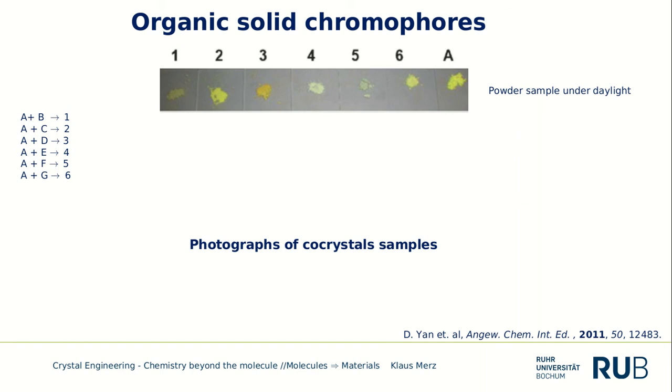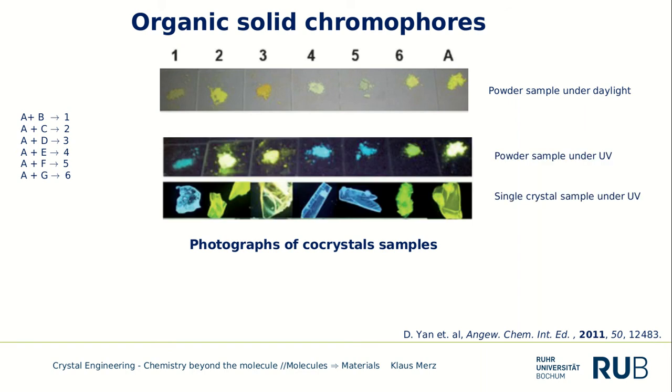But interesting for us is the luminescent properties. And here are the photographs of the luminescence. Wow, this is a really nice difference to see. Blue, green, yellow-green, blue, blue, and so on. This is the powder sample under UV, 365 nanometers, if you're really interested, have a look here.